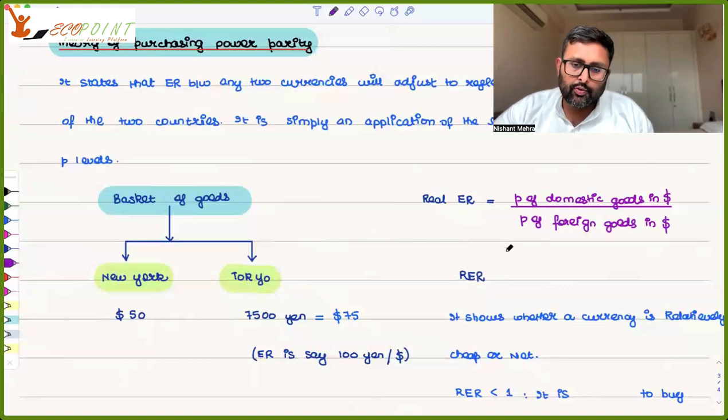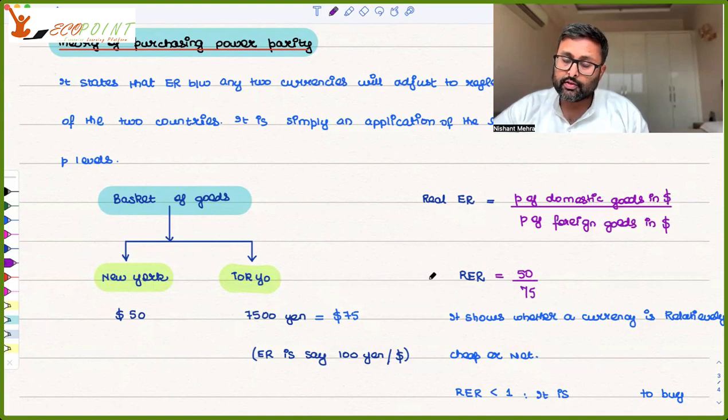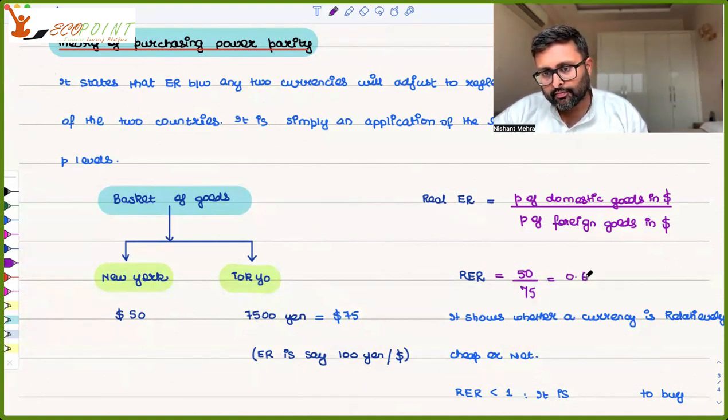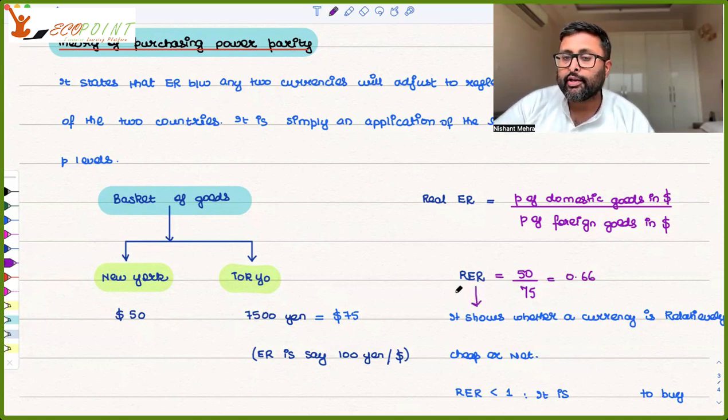So what is the real exchange rate? What is the price of goods in US? $50. What is the price of foreign goods in dollars? 75. So this comes out to be 0.66. So what is this real exchange rate telling you? It is telling you relatively whether the domestic currency is cheaper or not.